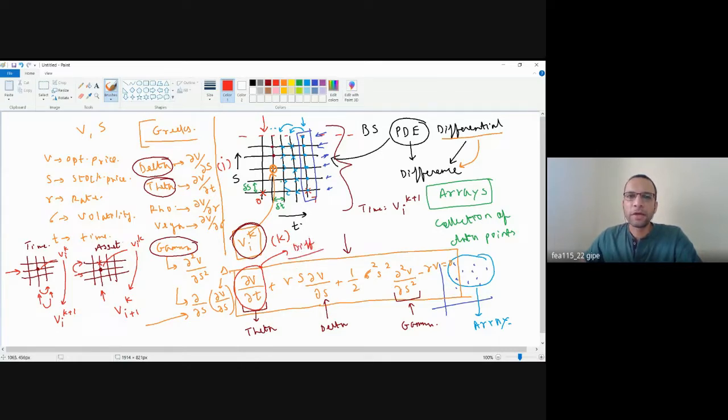And once I convert that into a difference equation, then I'm good. Then I can start looping across this entire mesh grid, as I may call it. So let's understand how to convert these terms into VIK format so that we can implement them in our hands-on model.